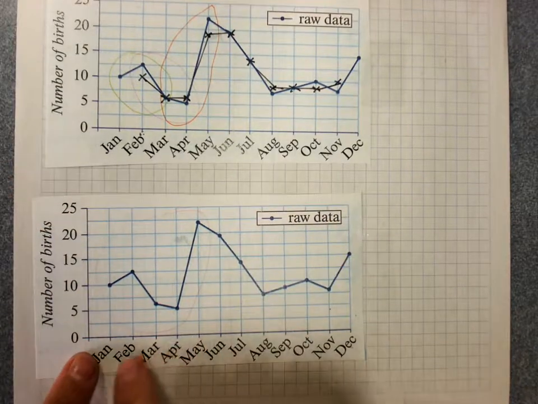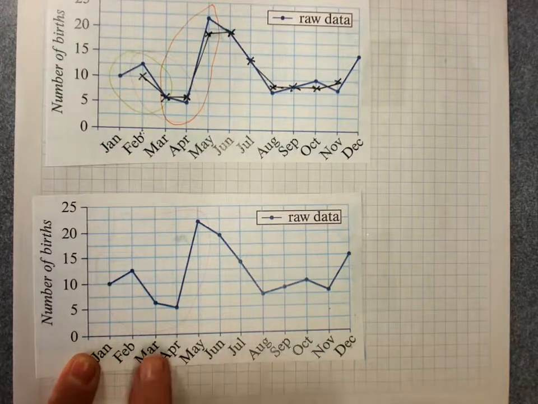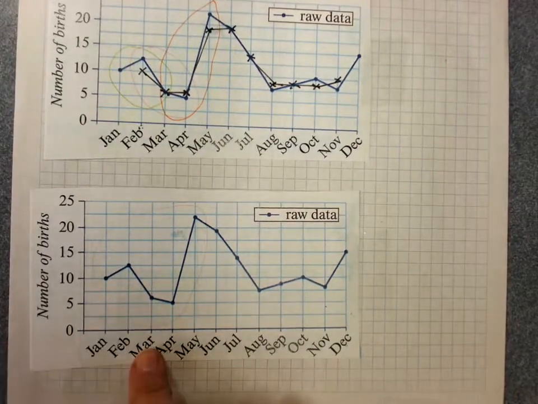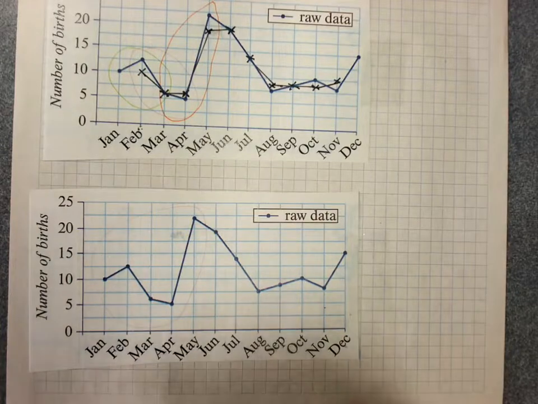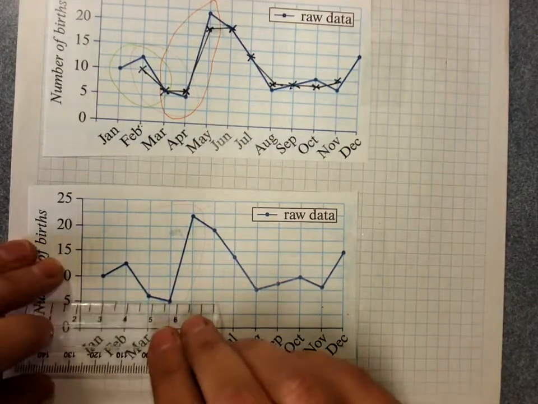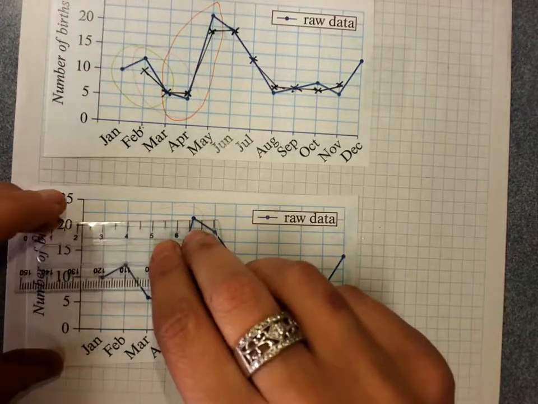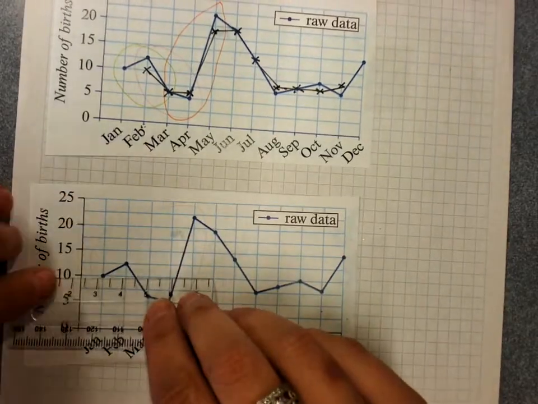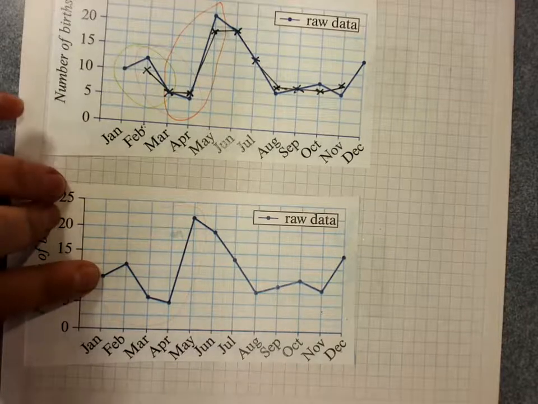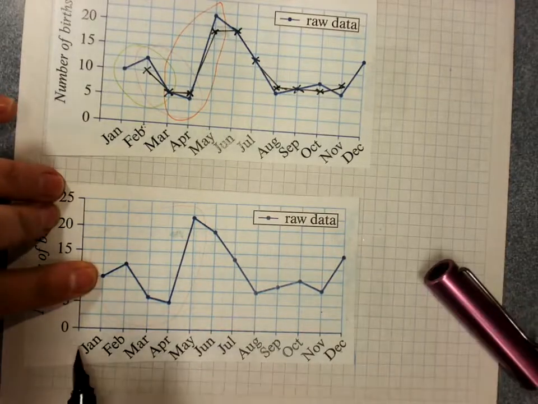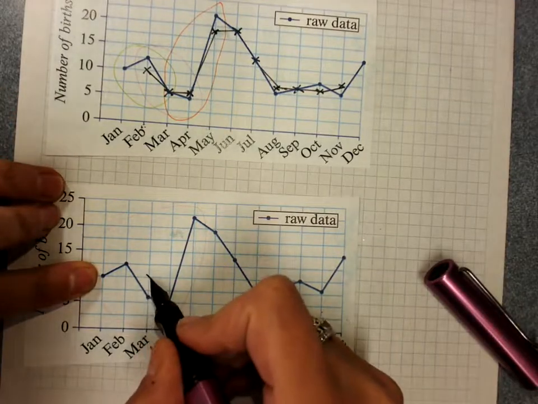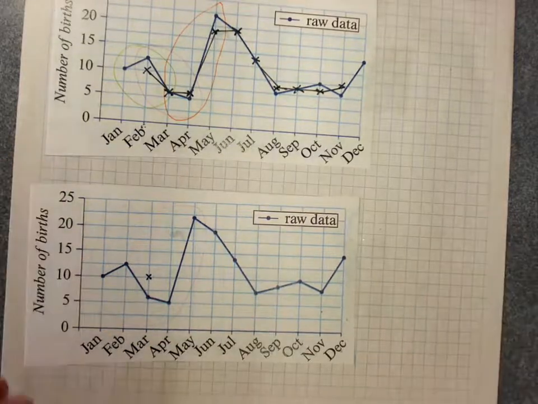The middle of January, February, March, April, May is March. That's easy. But now you've got to find the middle of those 5 points. 1, 2, 3, 4, 5. So the third point is there, lines up with the third month. That's my first point.